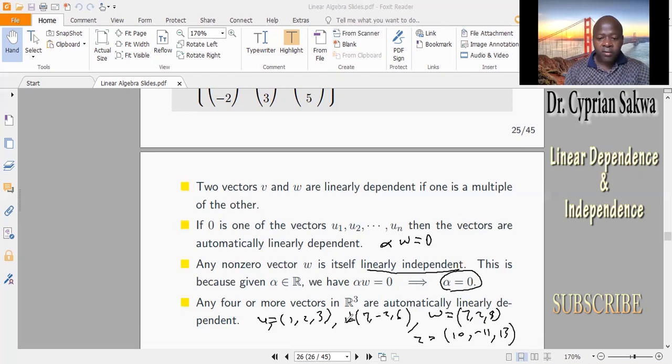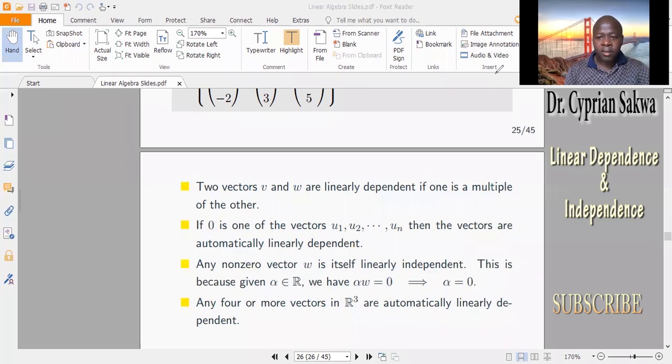These are 4 vectors, each in R3, so since they are more than 3, they are automatically linearly dependent. That is how we look at linear dependence and linear independence of vectors.